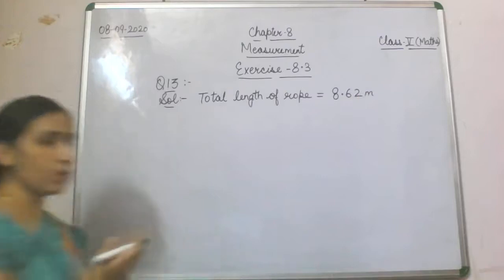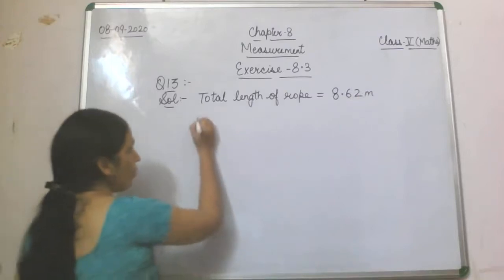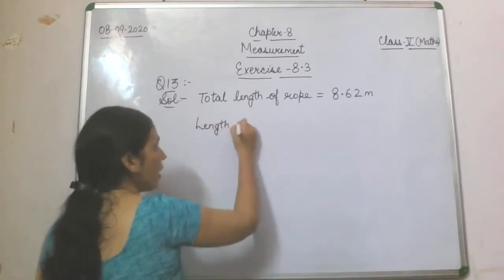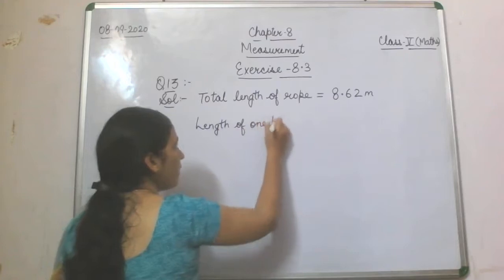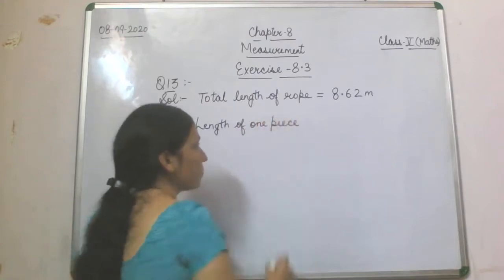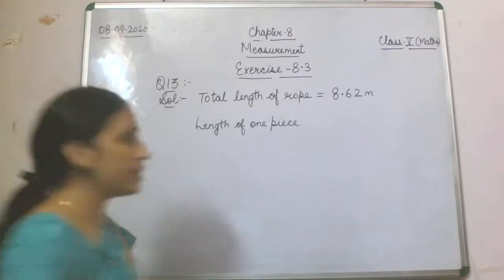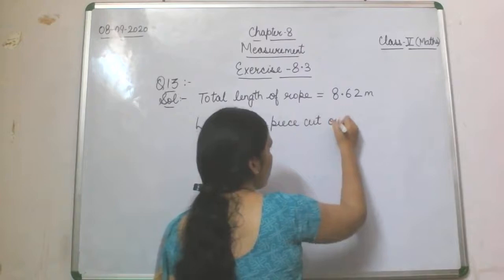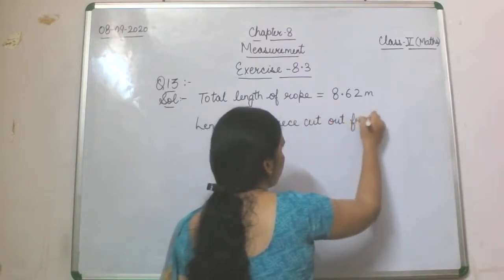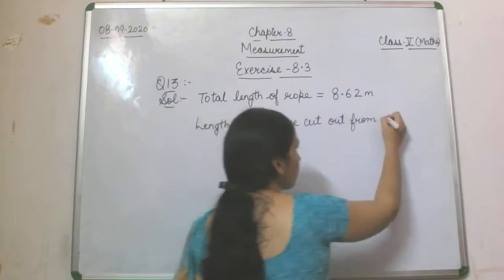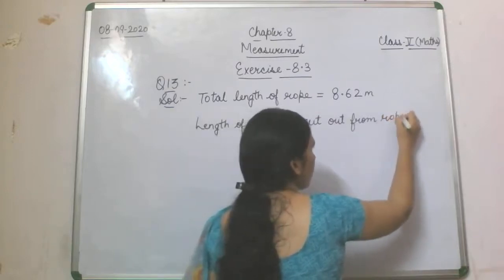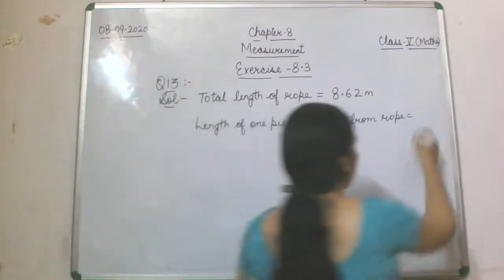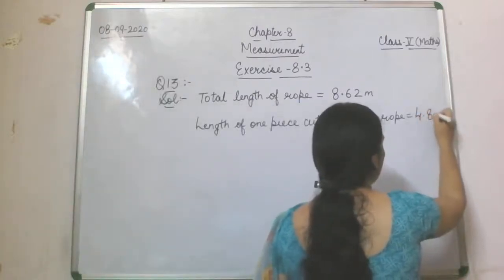Out of this 8.62 meter, the length of one piece of rope which was cut out from this rope is 4.8 meter.